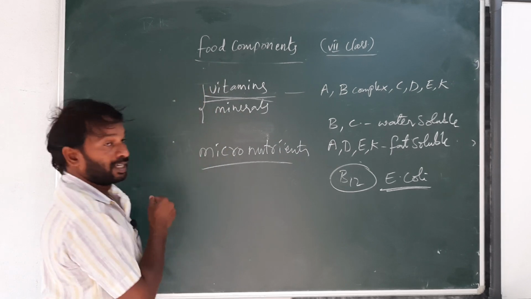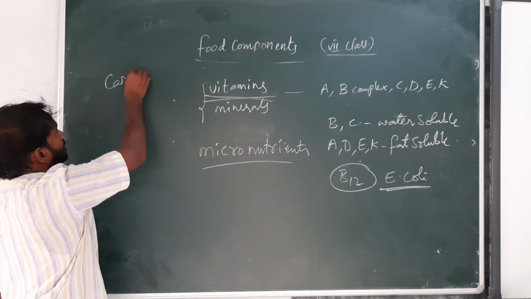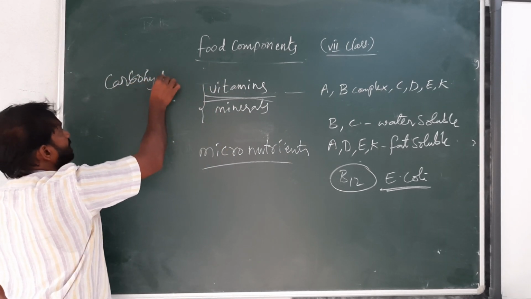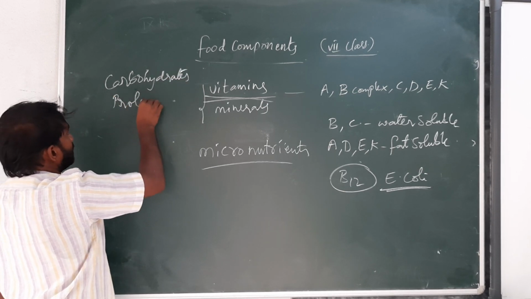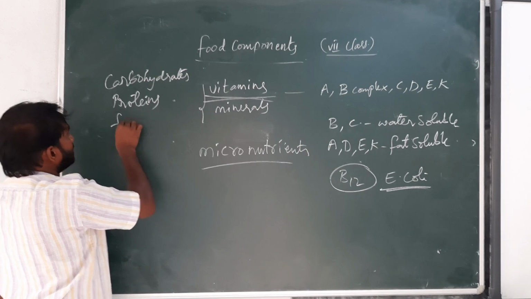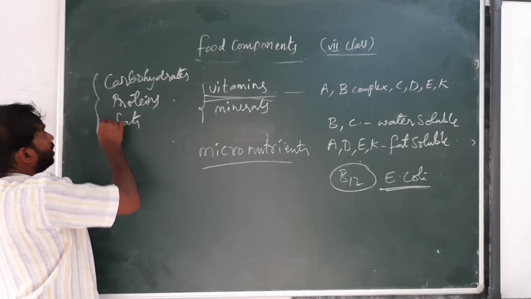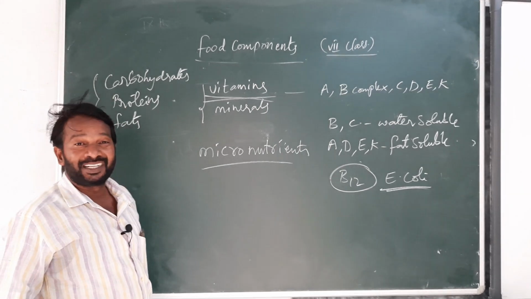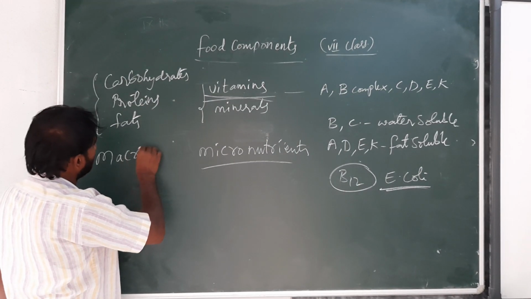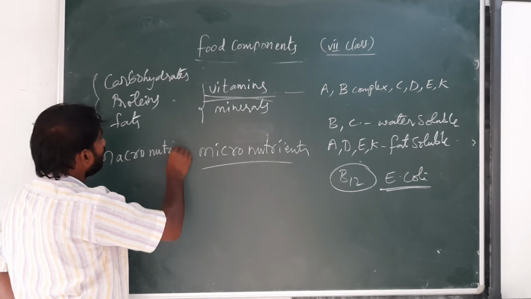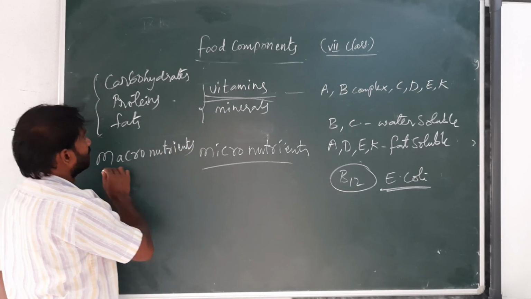Before, we discussed carbohydrates, proteins, and fats. These are required in large quantities by our body, so they are called macronutrients.